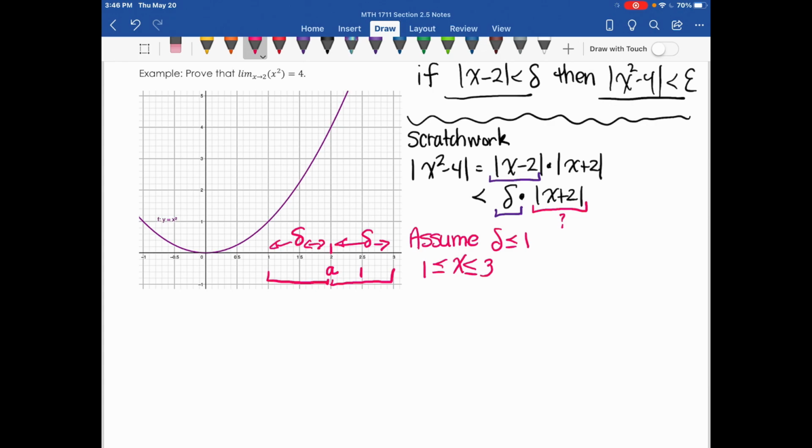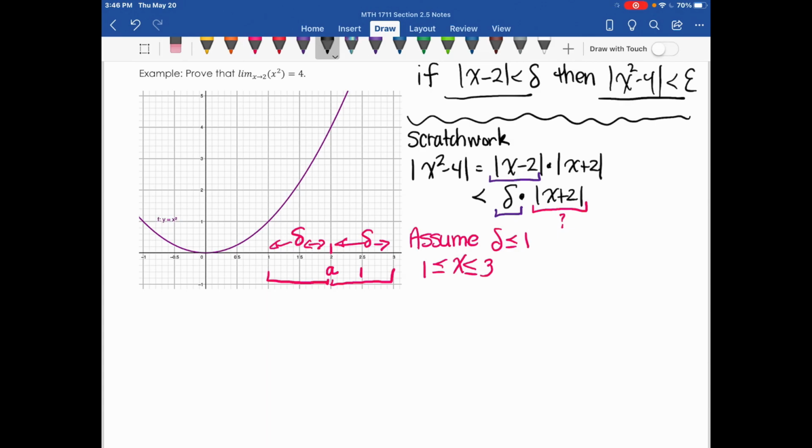So why is this helpful? By choosing an arbitrarily small delta, it can give us an x value that we can plug in here. So I know that at most, the absolute value of x plus 2 is going to be 5, because at most x is going to be 3. And if I plug in 3 for x, I get that at most that absolute value of x plus 2 is going to be 5.